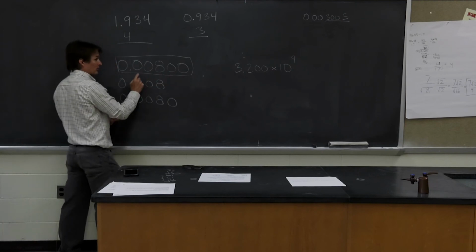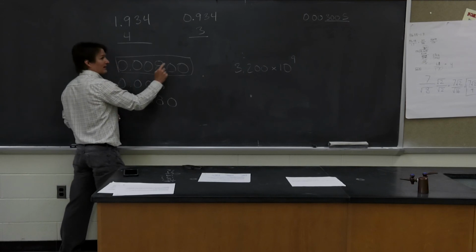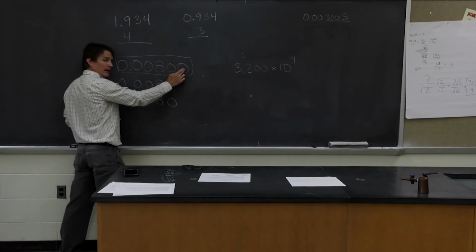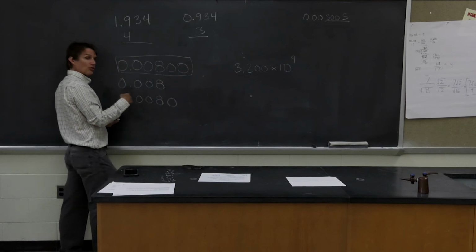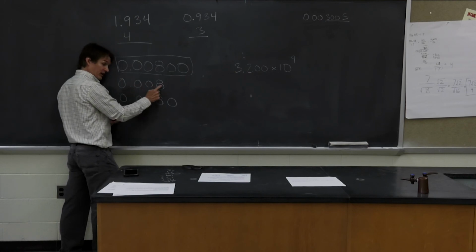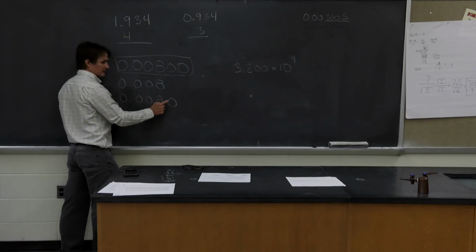I know this number all the way out to the nearest, what's that, 10th, 100th, 1000th, 10,000th, 100,000th. I'm saying I know this number all the way out to there. If I write the number this way, I'm saying I only know this measurement out to the nearest 1000th. And here I'm telling people I know this measurement all the way out to the nearest 10,000th place.